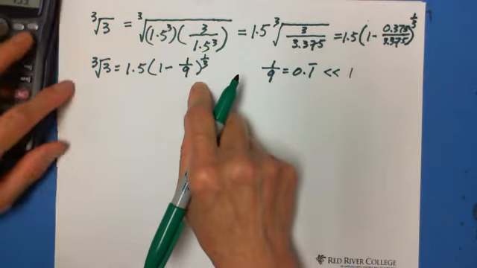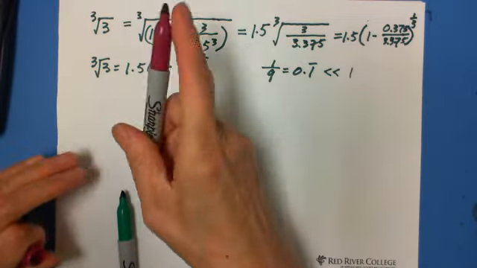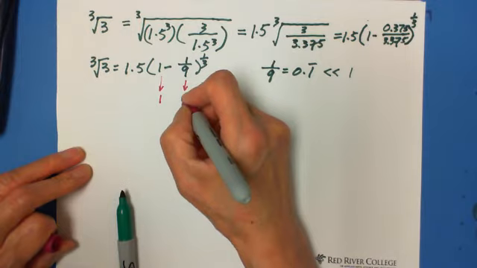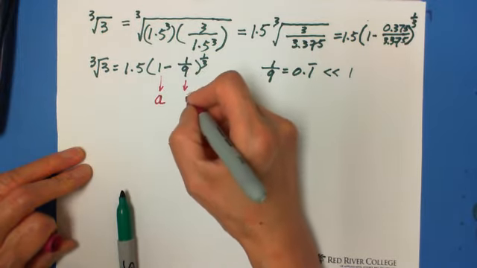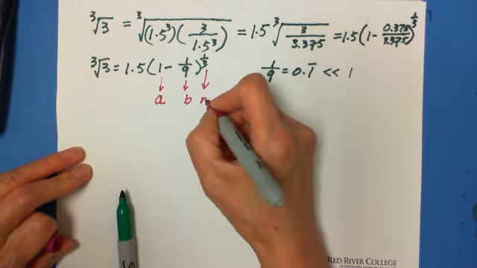Okay, let's expand. Here A equals 1, B equals negative 1/9, and 1/3 is n, still n.